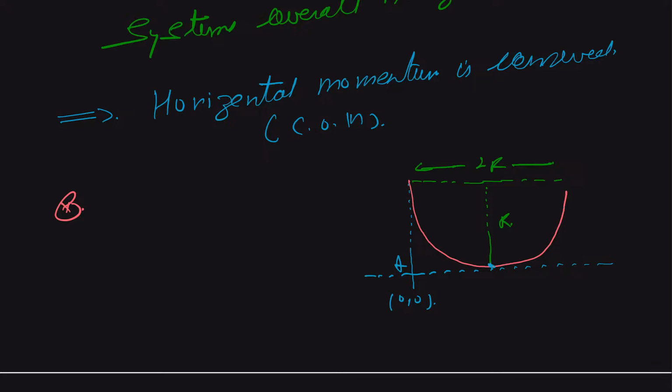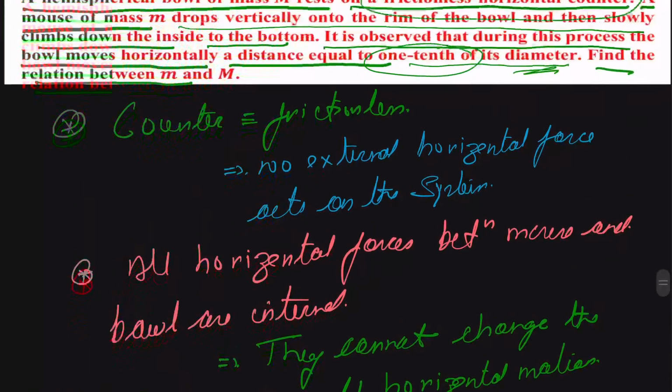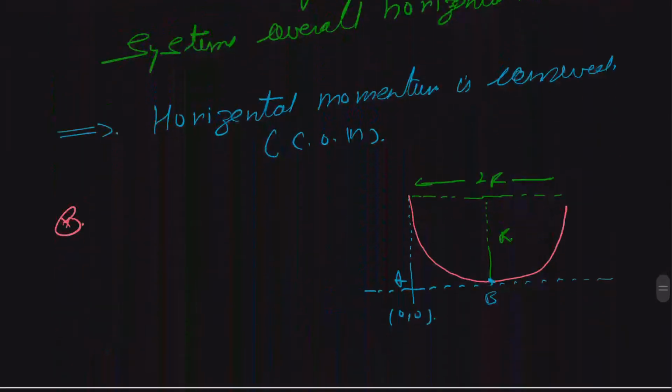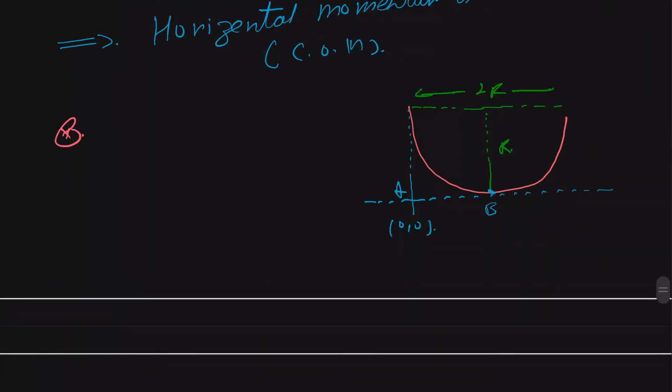And the midpoint, let us call this B, and the mouse is supposed to be on the right side, somewhere here. So this is the initial position of the mouse, and with respect to this origin, its position is at 2r, because it is nothing but our diameter also. So we consider that the left edge is our origin.